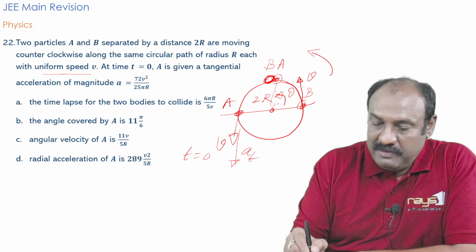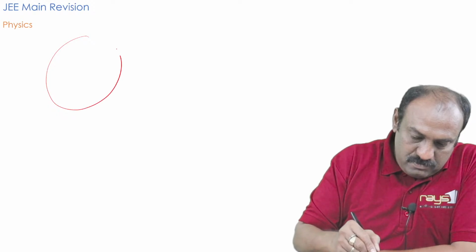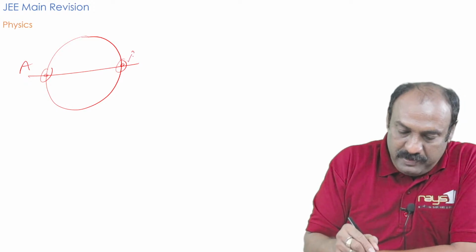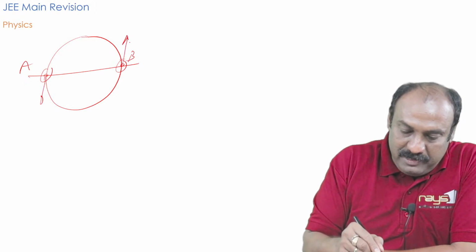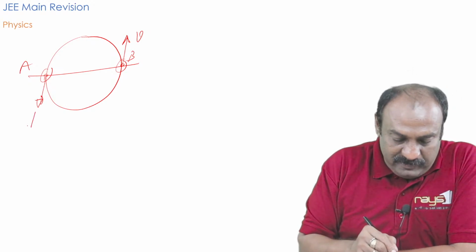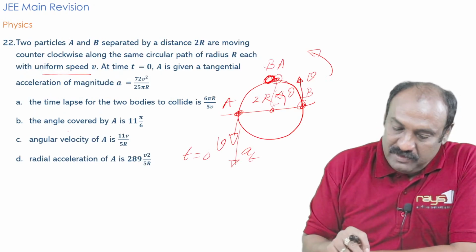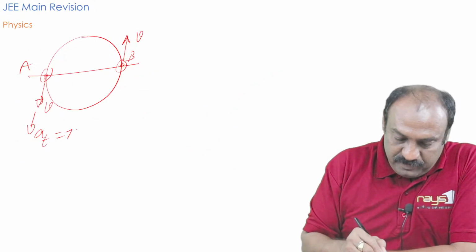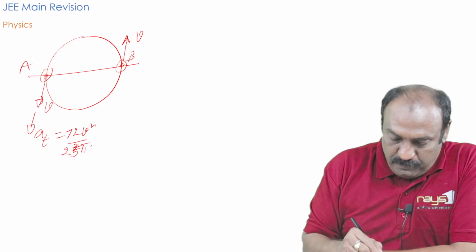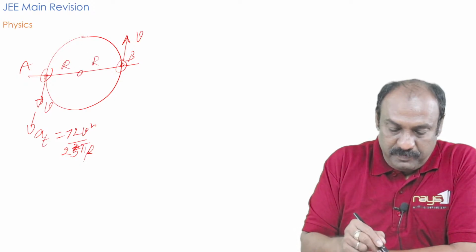In this case, the angular velocity of A we have to calculate. This is A, this is B. Initially both have the same linear velocity at t equal to 0. At that time, A is given tangential acceleration 72 v square by 25 pi r, where r is the radius of the circular path.